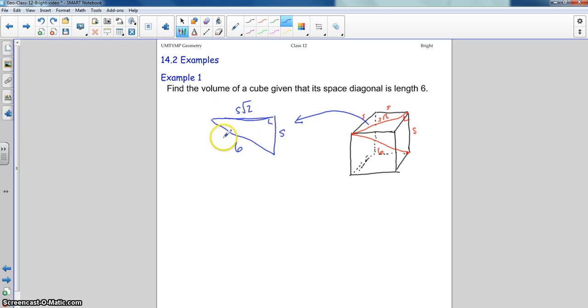So I can determine the value of S using the Pythagorean theorem. So 6 squared is equal to S squared plus 2S squared. That's what you get when you square that.